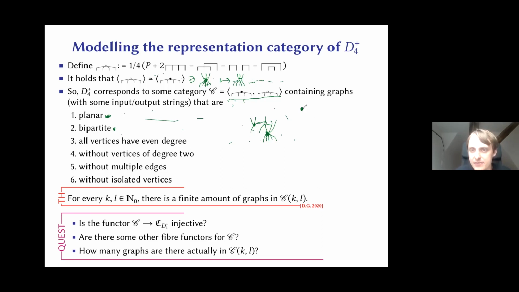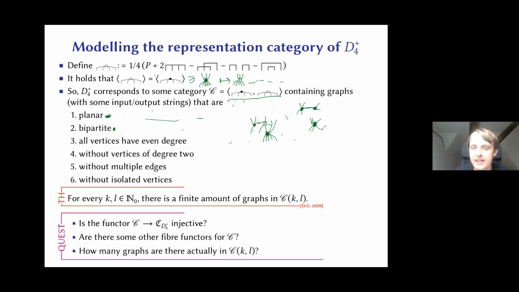If I had two black vertices neighboring each other and maybe some strings here, then using this definition of composition, I can contract this edge and put just one vertex here that has all those strings going out of it.